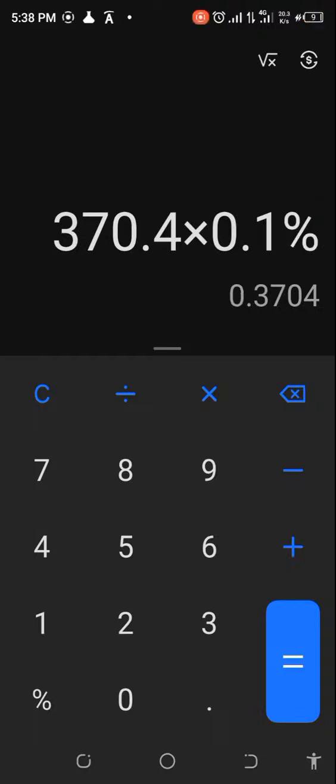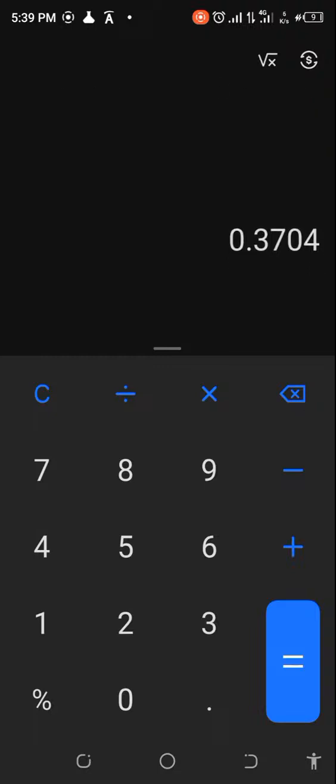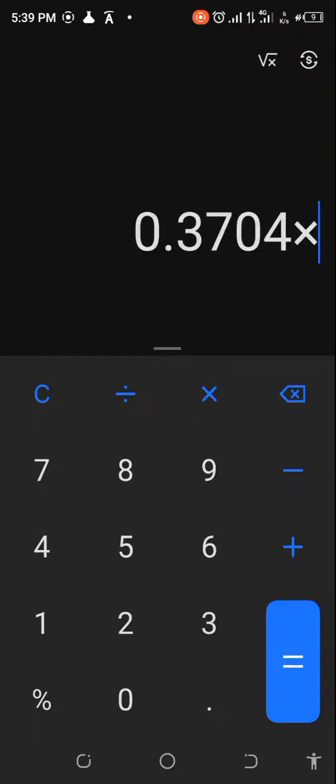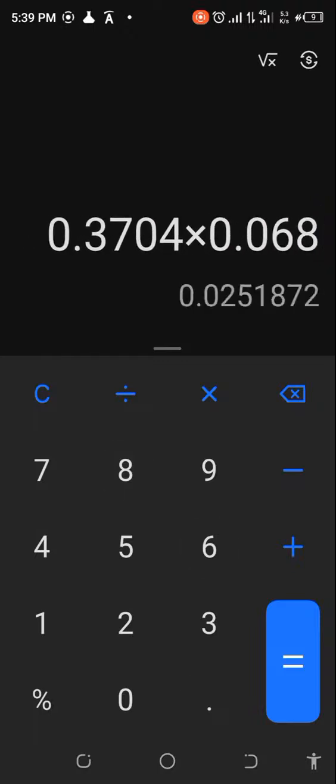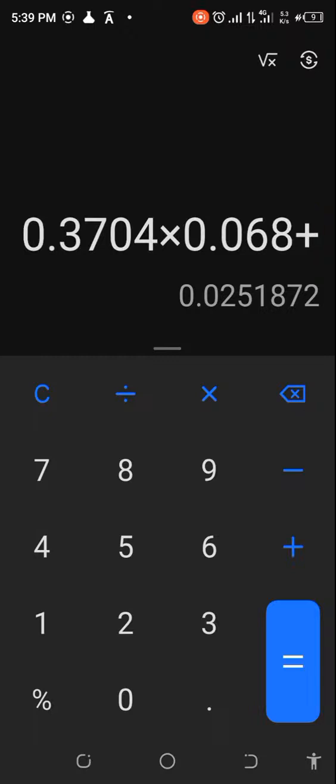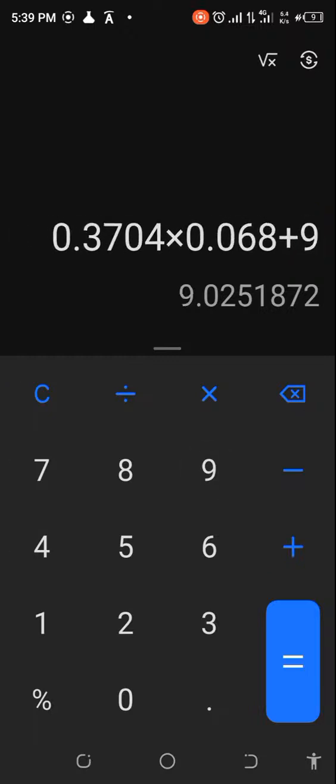So you can see that 0.1% of 370.4 gives us 0.37 of a TRX. For us to know what that is in dollar terms, we'll multiply it by the price of 1 TRX, which is 0.068. We sold it at like 0.069, right? No, that's not right.